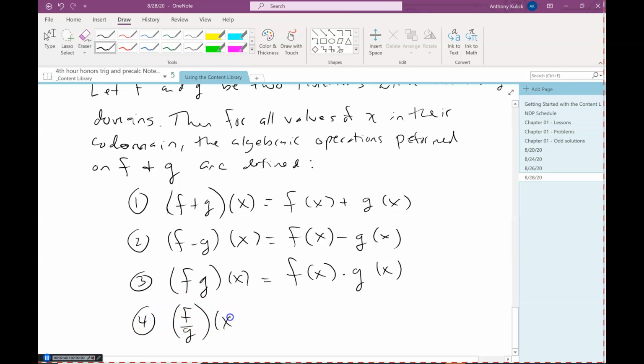And the quotient is just the quotient of the two individual functions, provided on one condition: that g of x is non-zero.